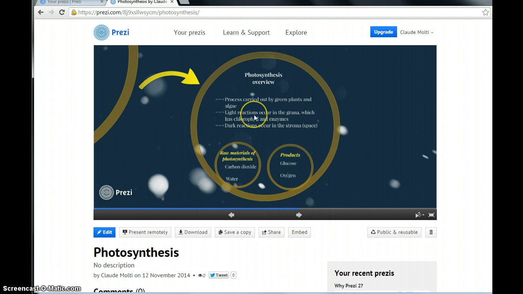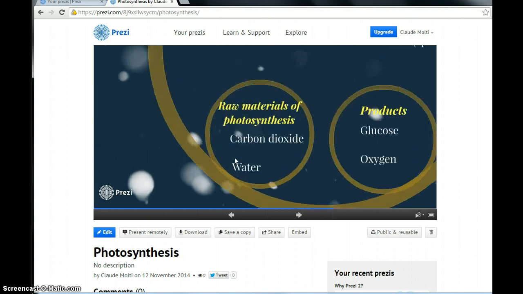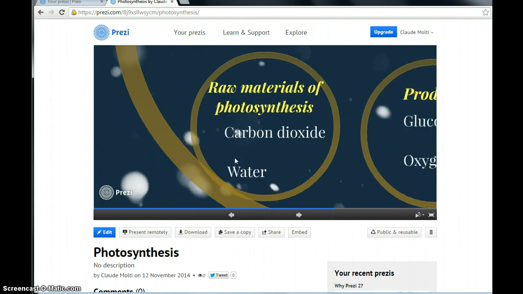So the light reaction occurs in the grana, while the dark reaction will take place in the stroma, the space. Raw materials of photosynthesis are carbon dioxide and water.